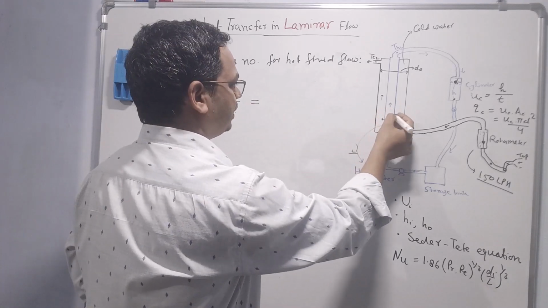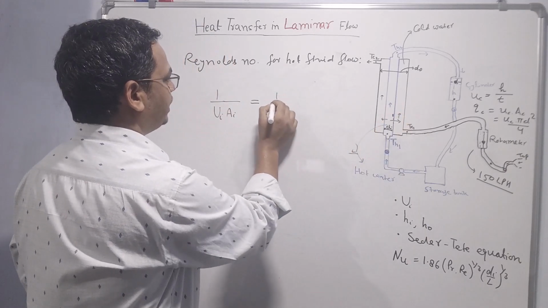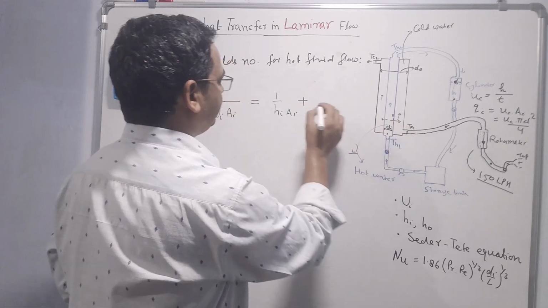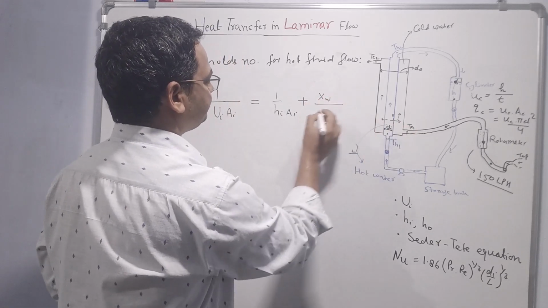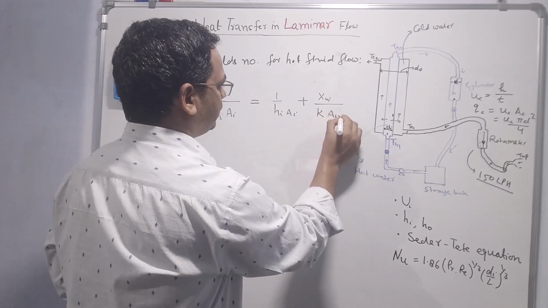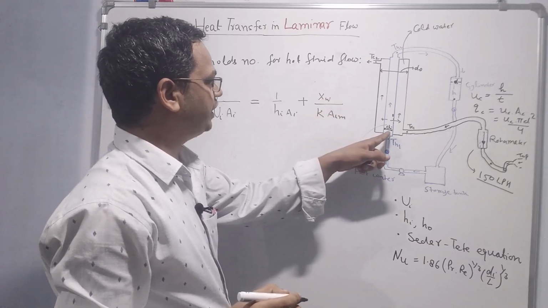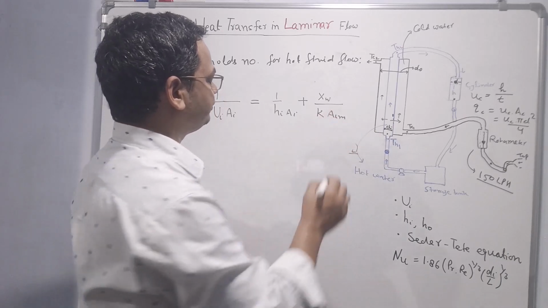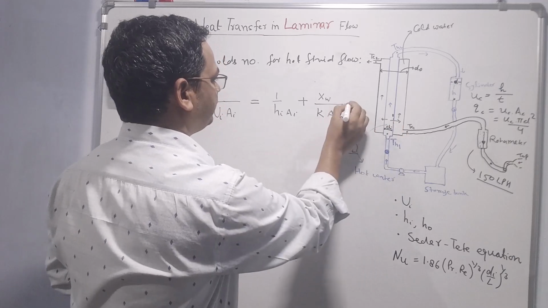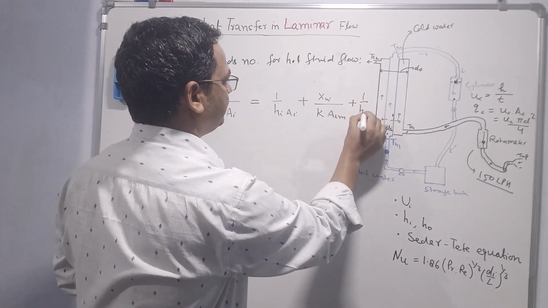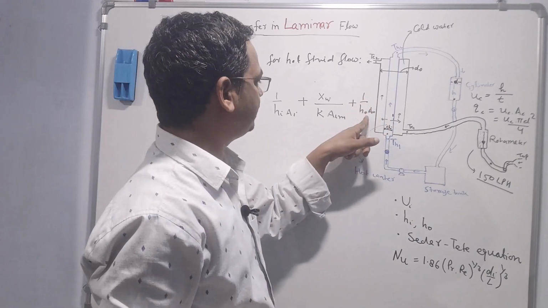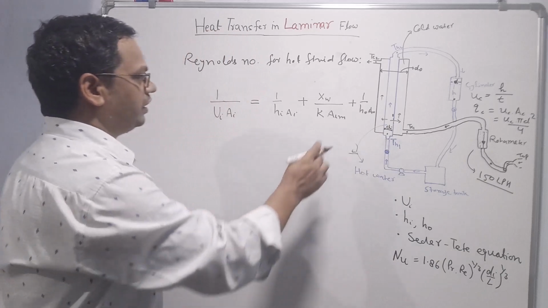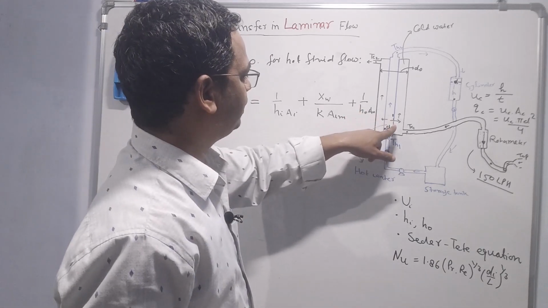One resistance exists in the inner fluid film, 1 by h_i A_i, plus conductive resistance across the solid wall, x_w by k A_lm, where x_w is the thickness of the inner pipe, k is the conductivity of the pipe, solid wall, A_lm is the log mean area of the inner pipe, and plus 1 by h_o A_o. This is the resistance existing in the outer surface of the inner pipe in the cold fluid film. h_o is the heat transfer coefficient and A_o is the outer surface area of the inner pipe.